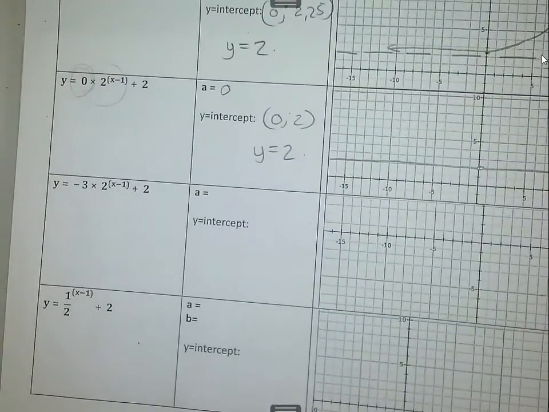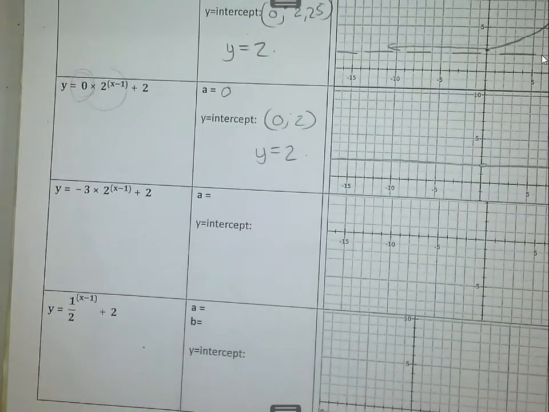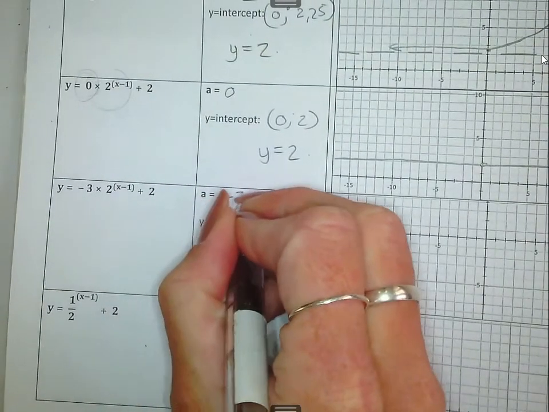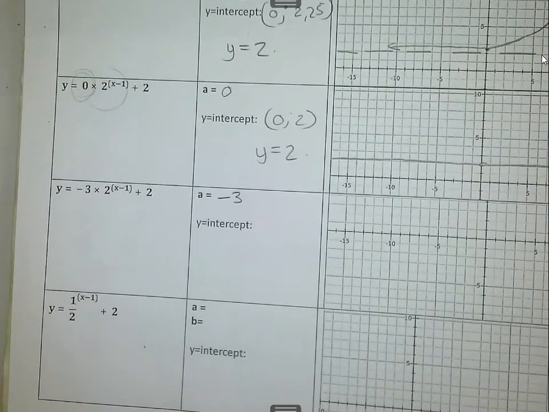Right, second last one. -3 times 2 to the power of x minus 1 plus 2. What's A? Is there someone who can guess, who can anticipate what this graph is going to look different like? It's going to be at the bottom. Okay, it's going to be at the bottom of the asymptote. Right. What is the y-intercept?